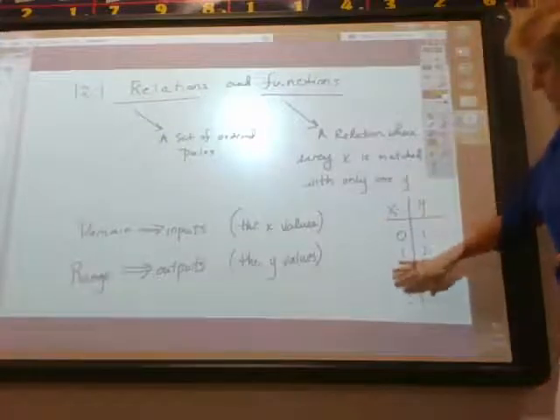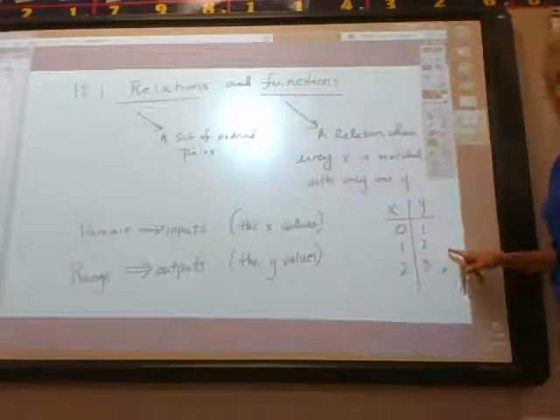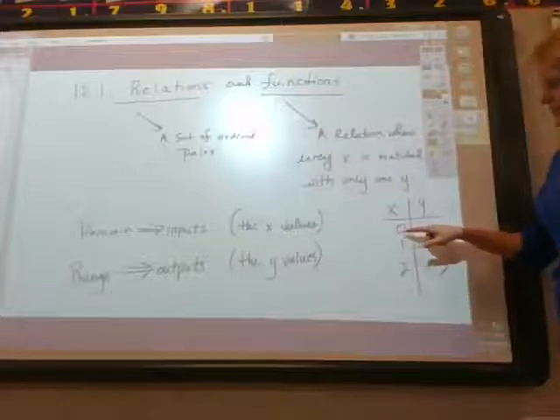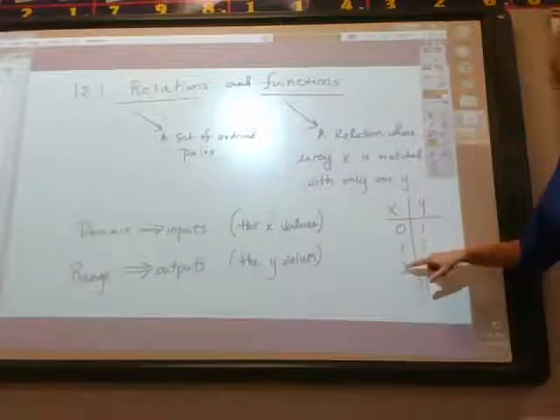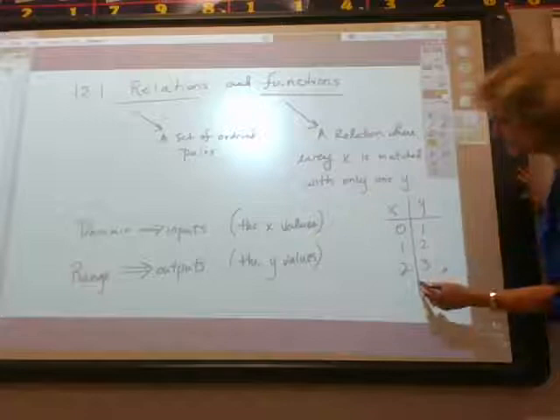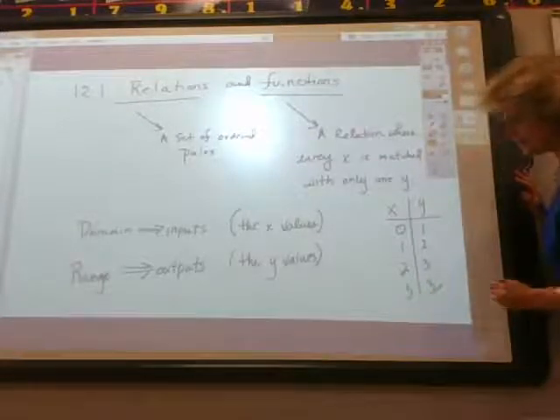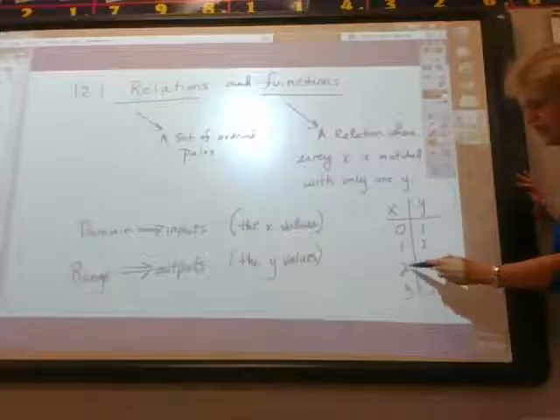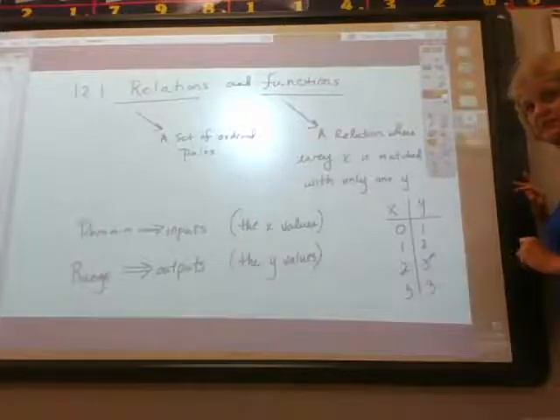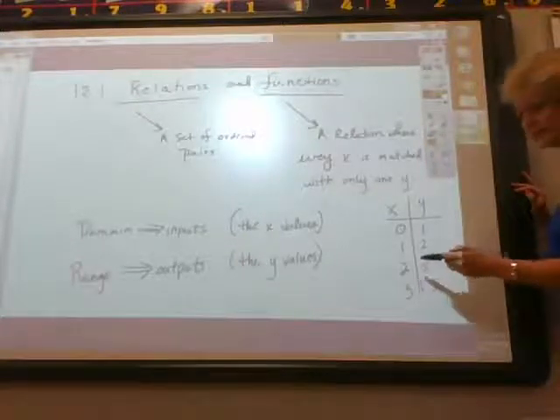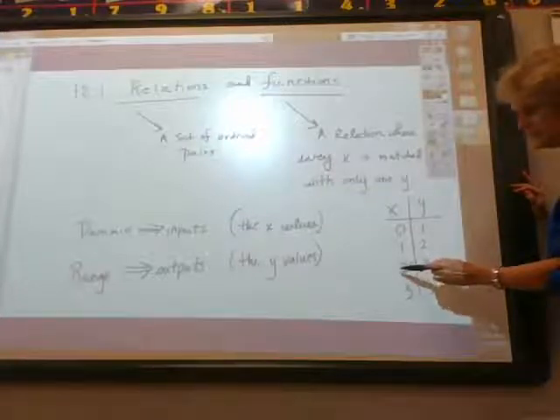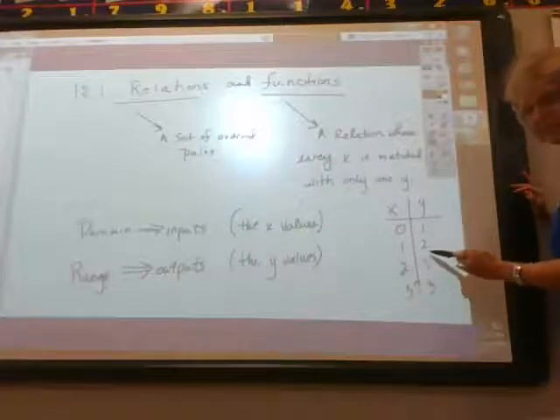So looking over here, we have our relation. We also can consider this a function because every x is matched up with its own y. Now, if I do another point here and I have 3 matched up with 3 and 2 matched up, is that one still a function? Yes. If I thought of this as Susie and this is Sally, they can both be the same height.